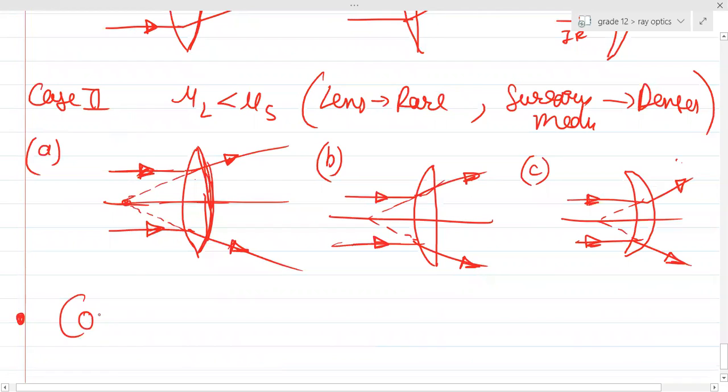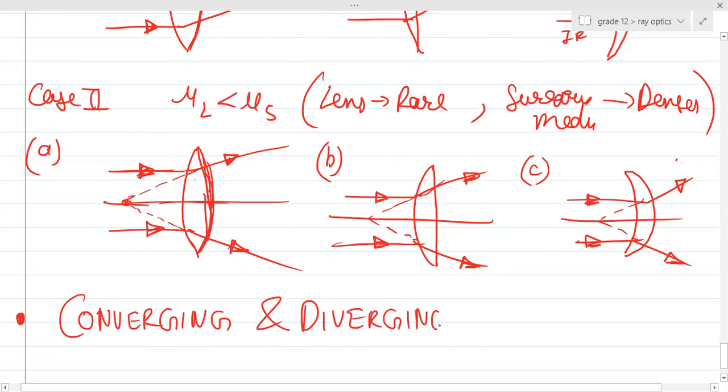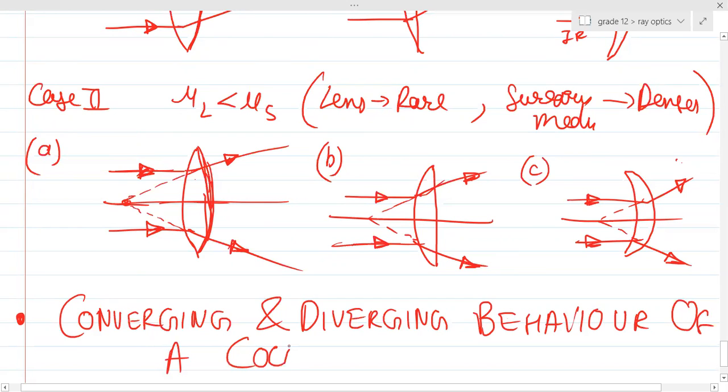Similarly, the case of concave lenses is what I am leaving as homework for you.